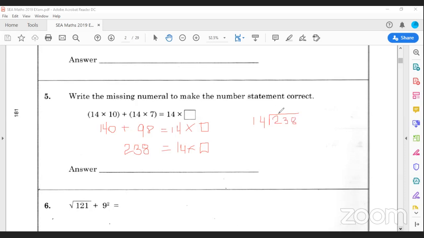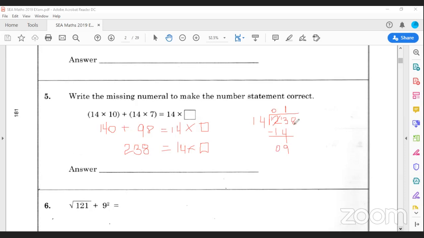Good. 14 into 2 is 0. 14 can go into 23 one time. 14 by 1 is 14. Now I'm going to subtract. Could 3 take away 4? No, so I need to borrow 1 from the 2, put it here. 13 take away 4 is going to give me 9. And 1 take away 1 is going to give me 0.